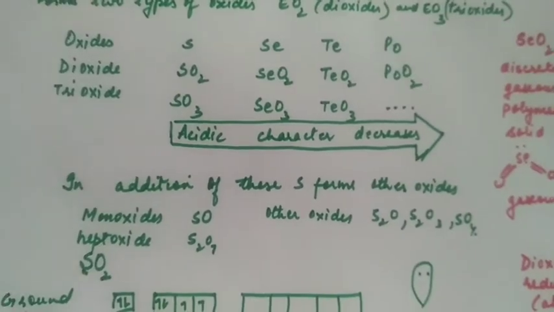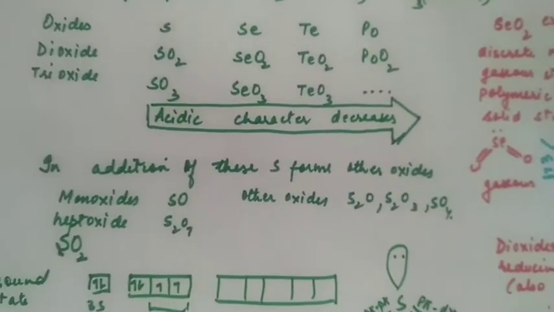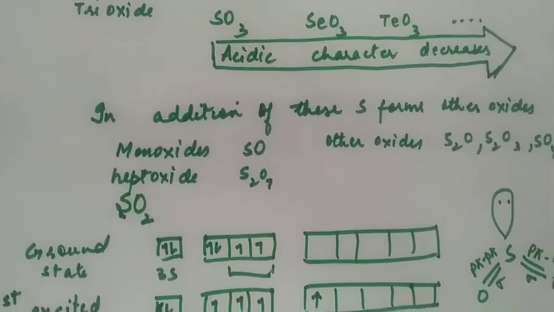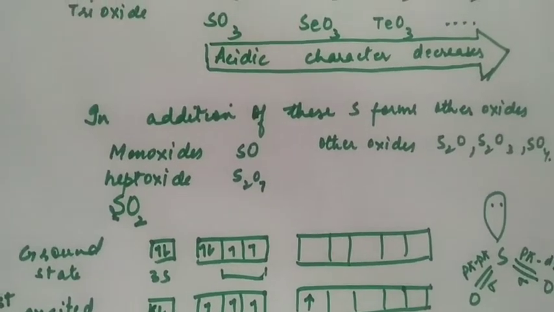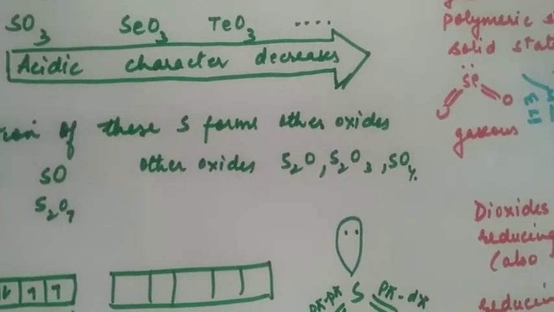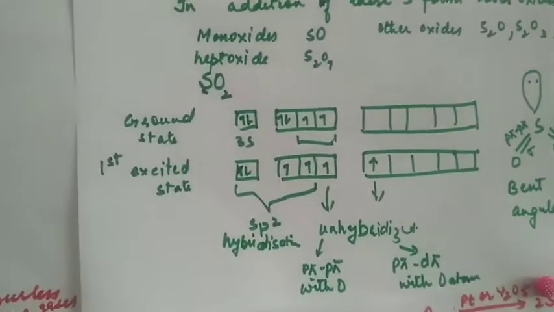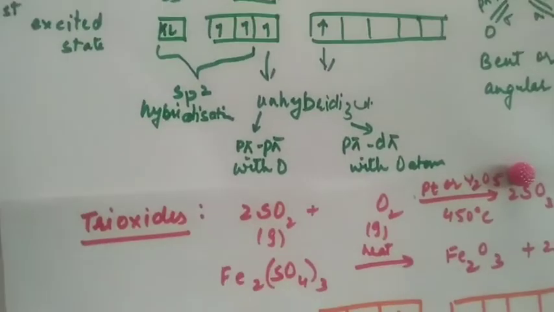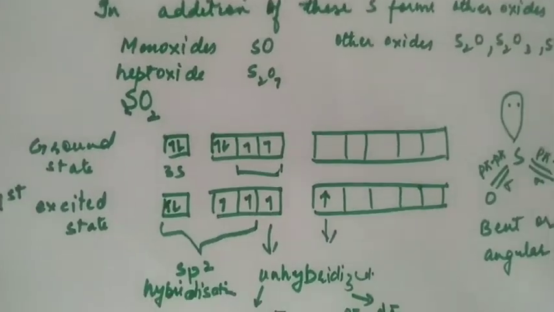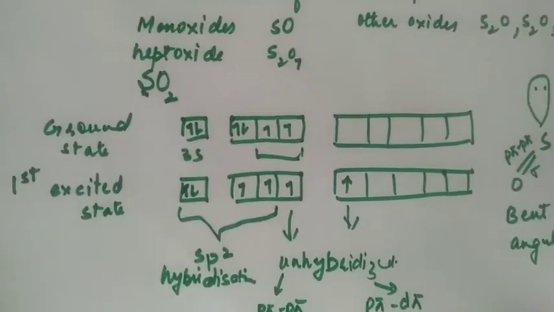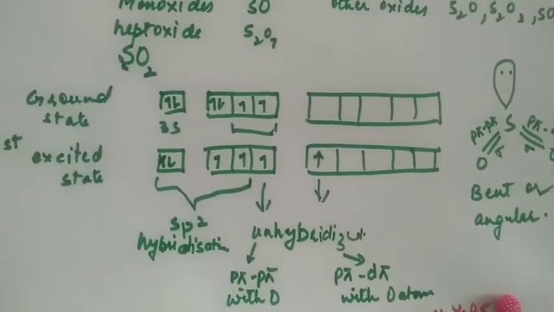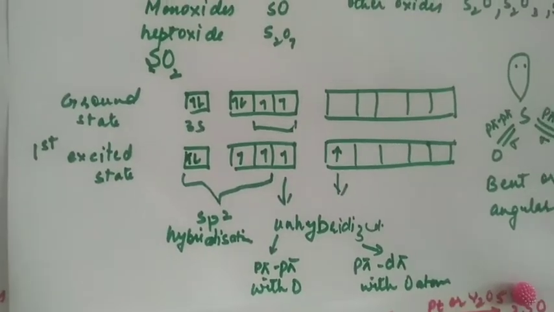In addition to these two forms, sulfur can form other oxides also, monooxide, heptoxide S2O7, and other oxides are S2O3 and SO4. Structures of these: in case of sulfur dioxide, if you look at the ground state electronic configuration of sulfur atom, the electronic configuration is 3s2 and 3p4.